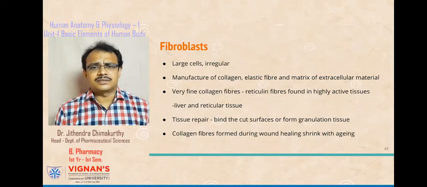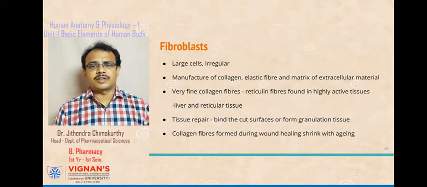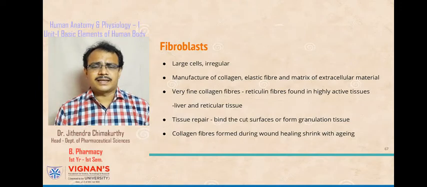These collagen fibers produced by fibroblasts are involved in binding the two edges of cut surfaces, and they are also involved in production of granulation tissue during tissue repair. Apart from this, the fibroblasts also shrink the tissues as they are repaired, and in some cases they might interfere with the function of that particular organ.